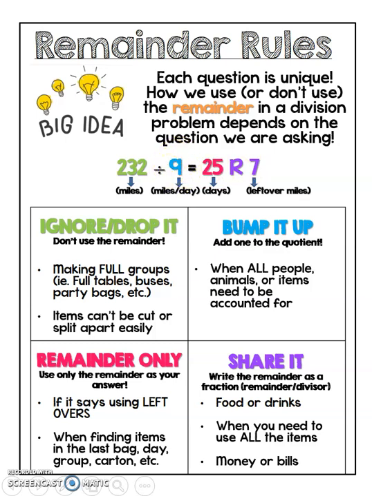We would use this when we're talking about food or drinks, or if we need to use all the items but they can be split apart easily, and money or bills. If we're paying a bill at a restaurant with friends, we can split up the amount that we're each paying so that the entire bill gets covered. So let's take a look at a couple different examples of using the remainder in 3 of these 4 ways.